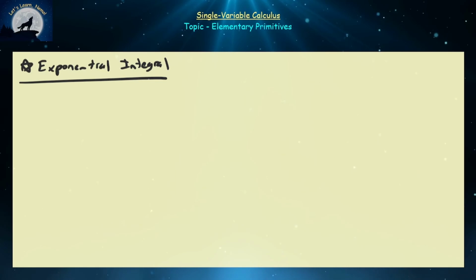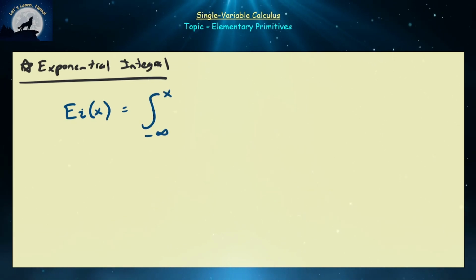Another very similar, simple-looking integral that you may think has an elementary primitive, but it actually doesn't, is known as the exponential integral, commonly denoted by capital Ei of x. It's defined as the integral from minus infinity to x of e to the t over t dt.